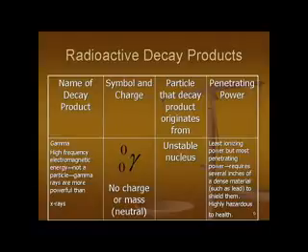So when we look at the gamma radiation, it is not a particle, but an unstable nucleus can get to a lower state of energy, not only by ejecting certain particles, but also by emitting gamma radiation. Okay? And you can see that the symbol and charge for this are unique.